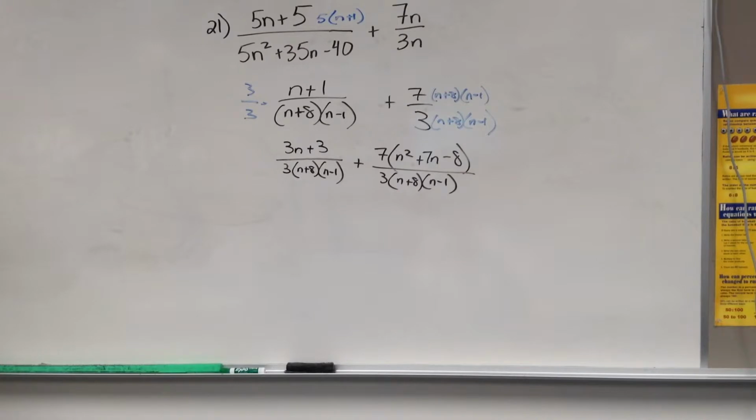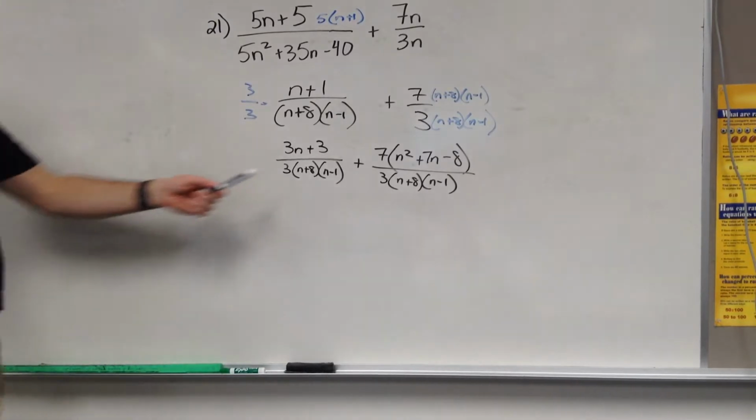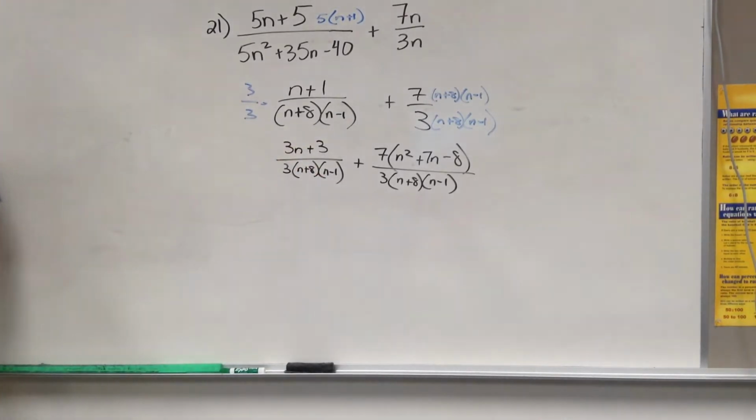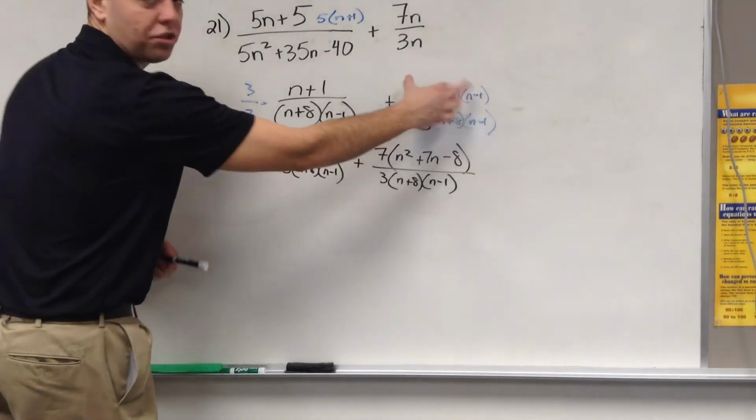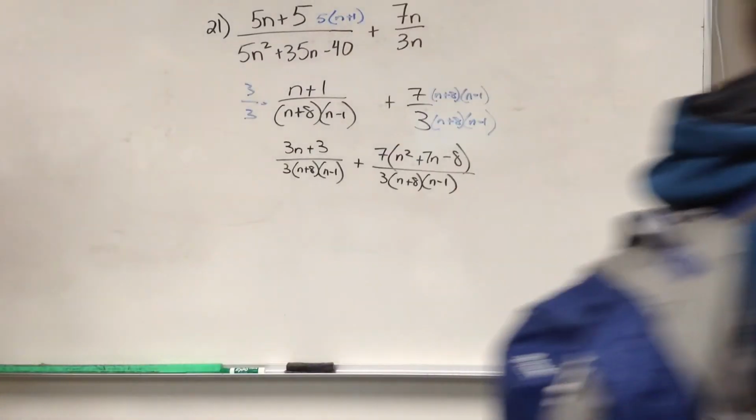Why do you multiply the top ones and not the bottom ones? I'm hoping at the end maybe something will cancel, and in order for it to cancel, I'm going to have to factor it back out. But I have to multiply the top ones out because I want to add the numerators together, and I have to take care of my multiplications first before I add and subtract.